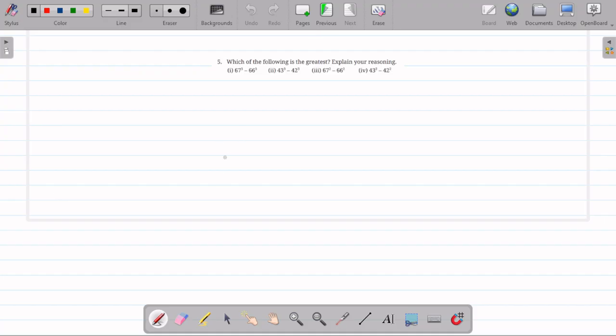Question number 5, you need to find out the difference of these cubes.